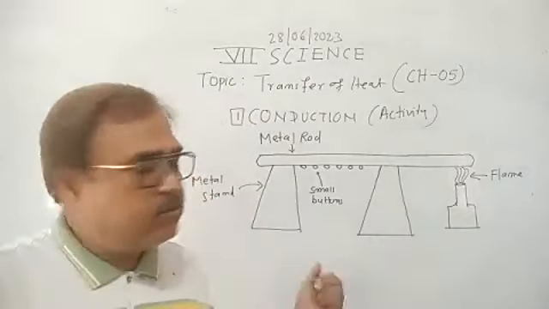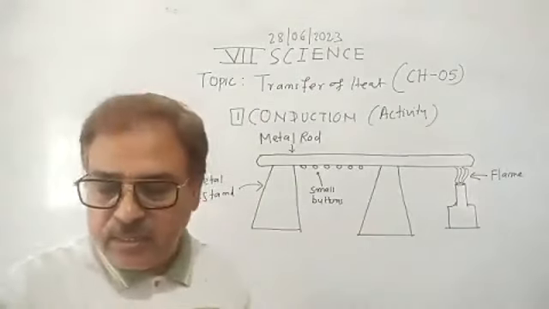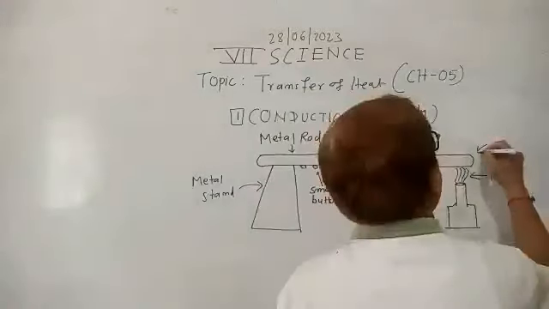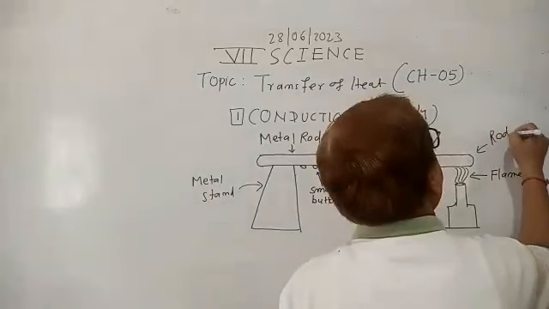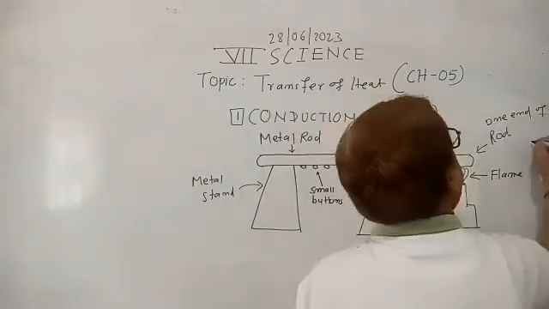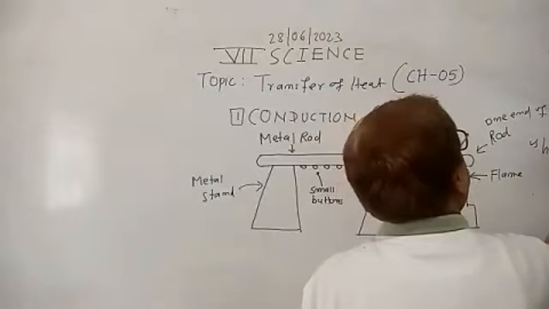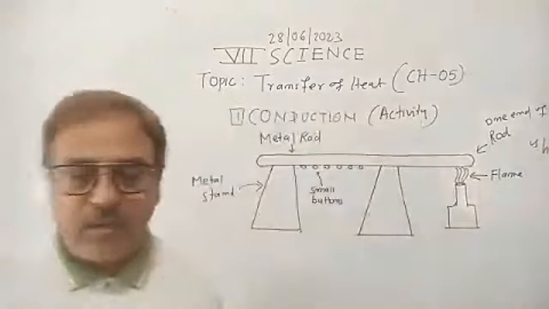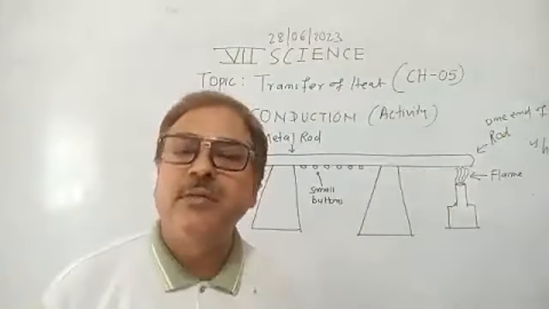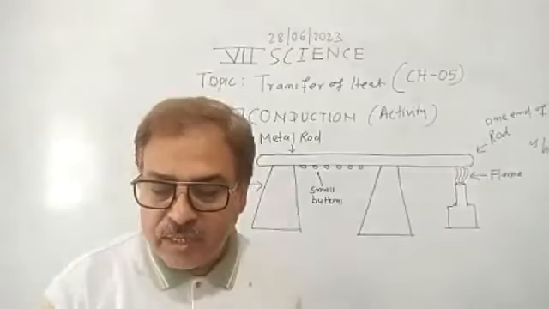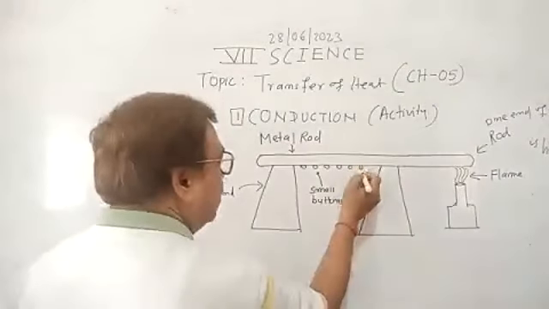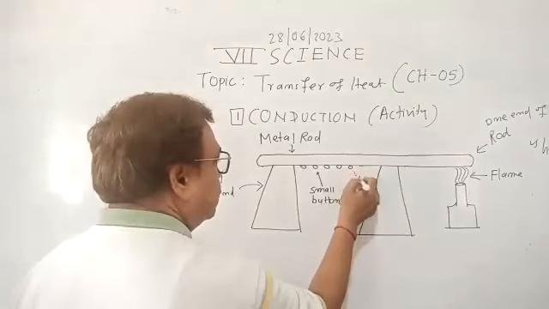And when this rod is placed over the stand and one end of the rod is heated, after some time we observe that buttons start falling down. This button is now falling down.